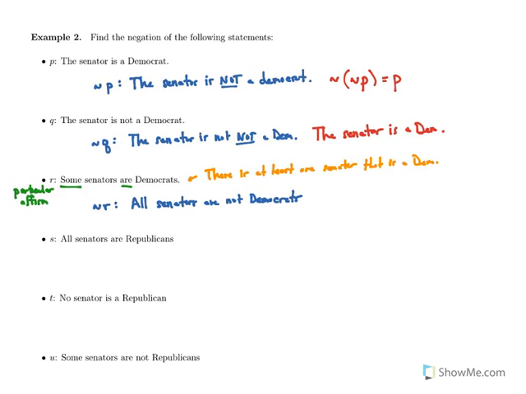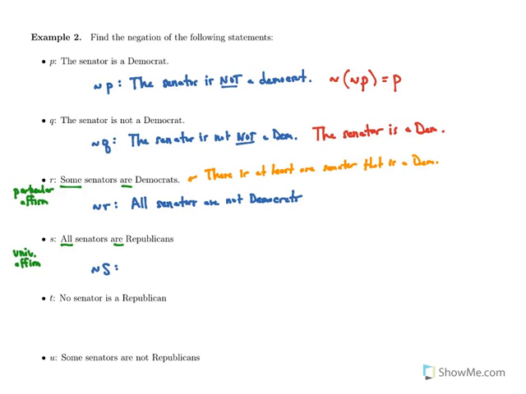All right, let's try to do this a few more times. Next one we have all are. So we're saying this is our universal affirmative. So the opposite of this is going to be our particular negative.